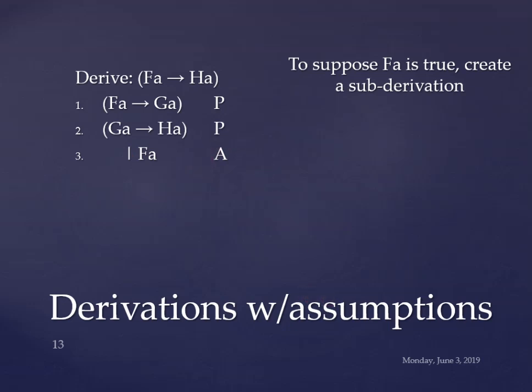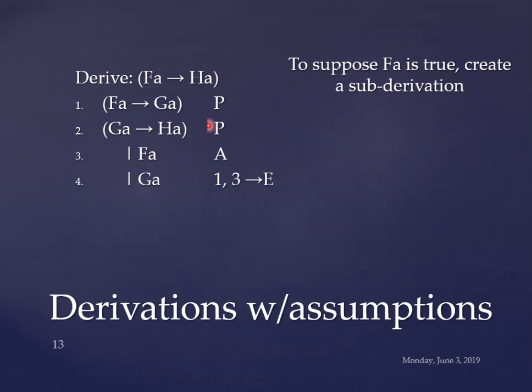Now within that subderivation, I can make use of my premises. These are accessible to me. My premises are always accessible to you. And so what I'll do is take line 1 and line 3, and use my rule arrow elimination, and on line 4 I'll write down GA. Do you see how I got that?